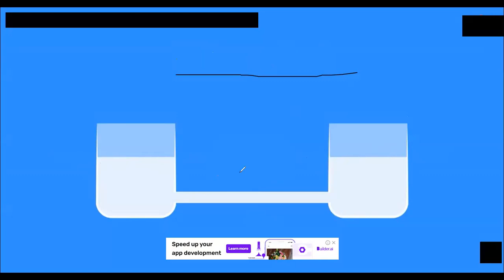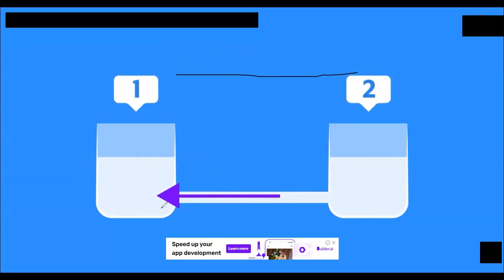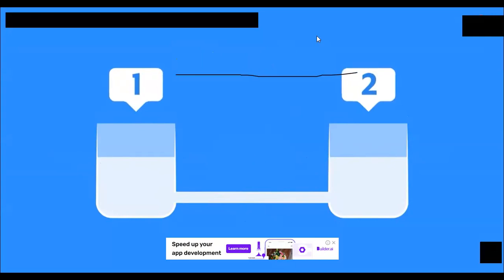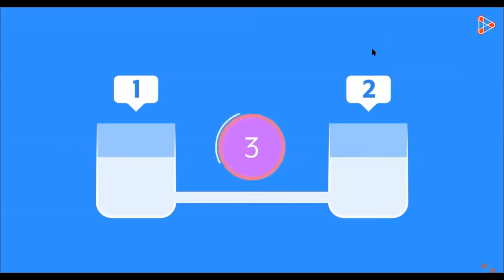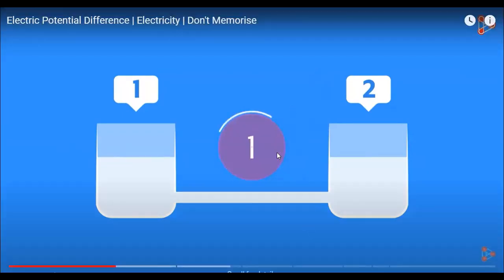Now what can we do to flow the water from the second to the first? I give you one task. Which method are you going to apply to move water from one end to another? Is it possible? Yes, you can. How?